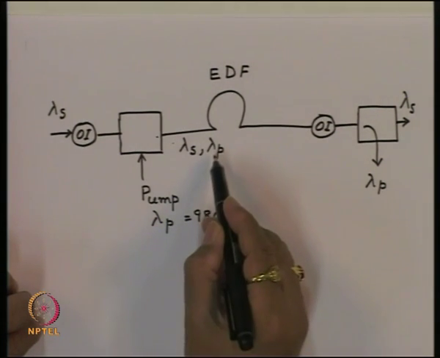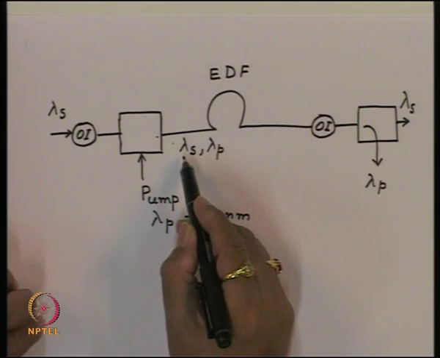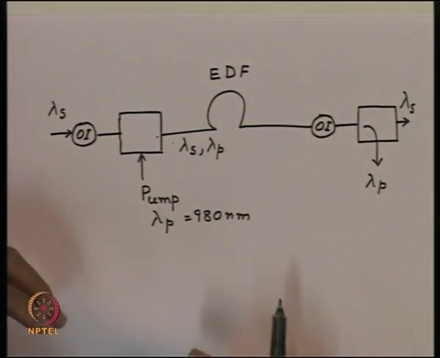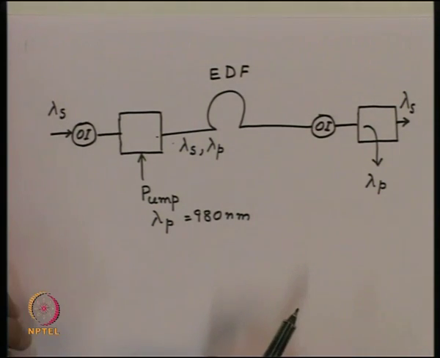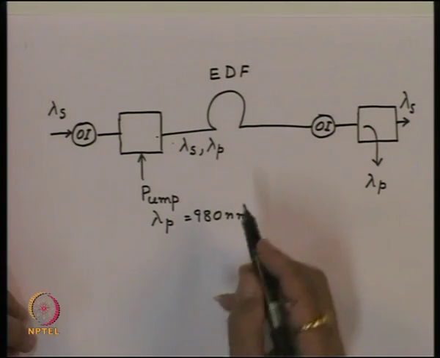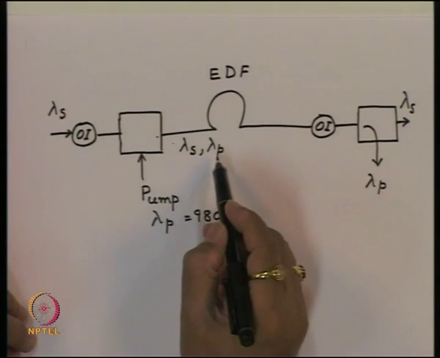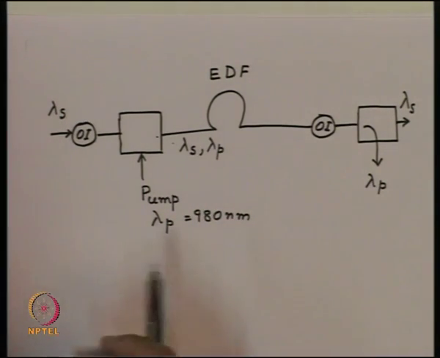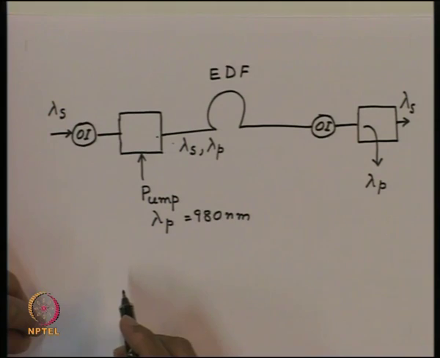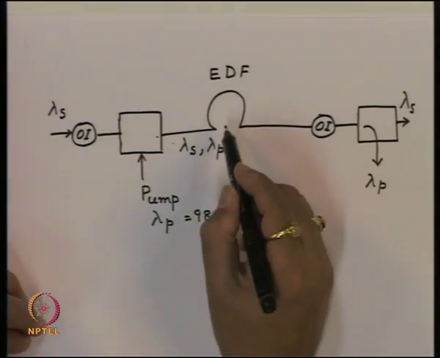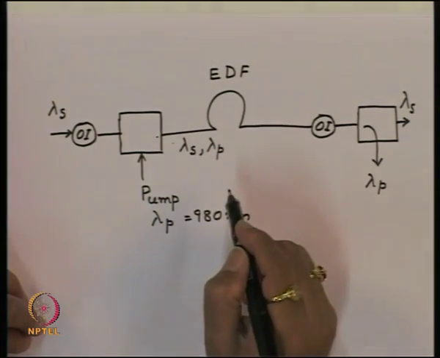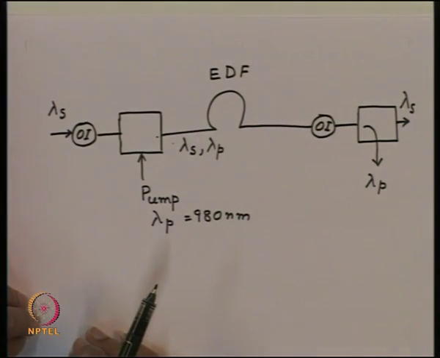Now, the interaction of the pump photon and the signal photon does not depend upon the way these two are traveling with respect to each other. So, even if the signal photon and the pump photon were traveling in the opposite direction, even then the interaction between these two will take place and the signal will get amplified.